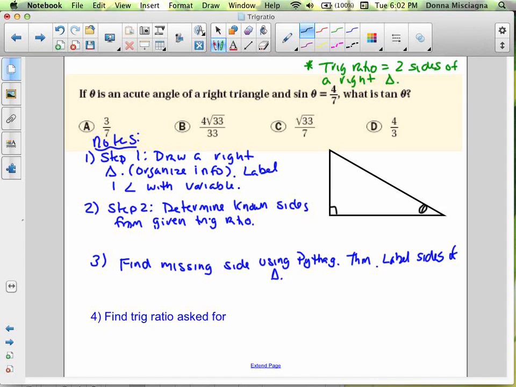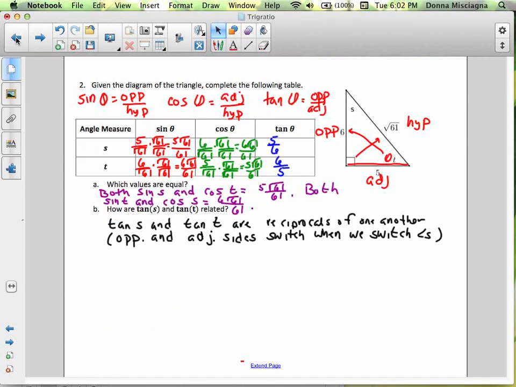We're going to determine the known sides from the given ratio. And in your notes, I want you to add that a trig ratio is simply 2 sides of a right triangle. Back here, when we were finding the tangent ratio for angle T, we just took 6 over 5. 6 is the opposite side, 5 is the adjacent side.